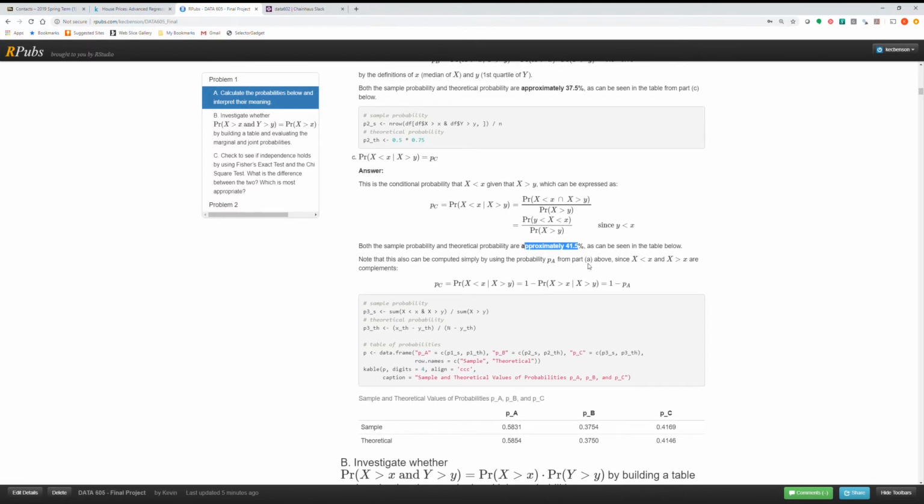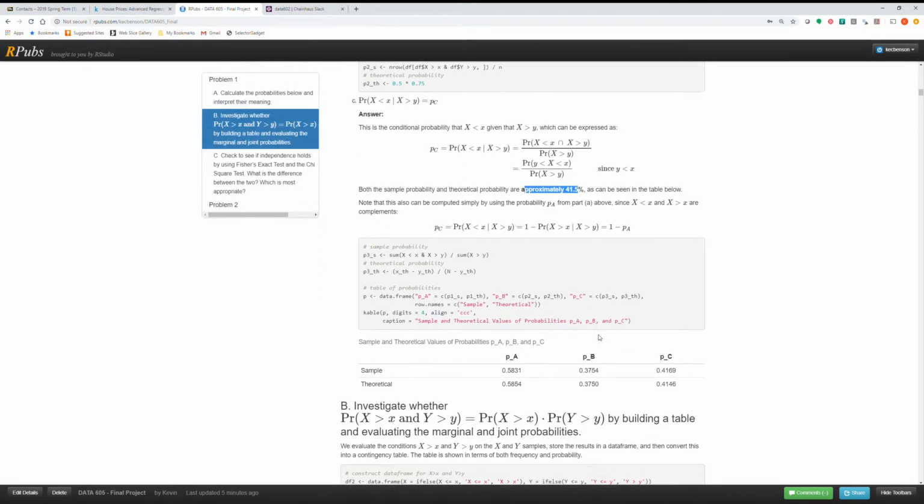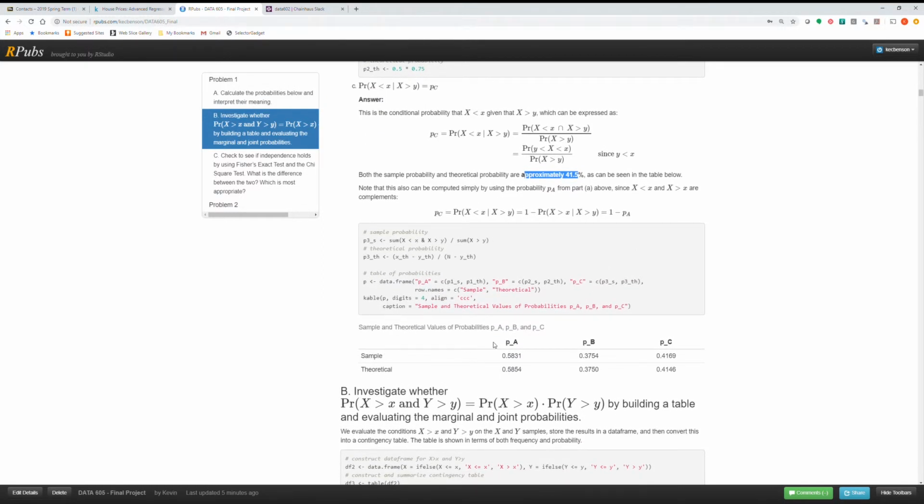Alternatively, as a shortcut, if you realize that the probability in part C is just the complement of the probability in part A, you can relate these more simply as the probability is just 1 minus the probability from part A. So this table here summarizes the various probabilities, both from the sample distribution as well as from the actual theoretical distribution.